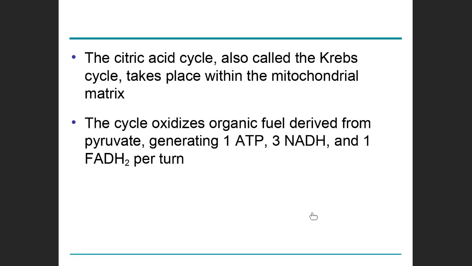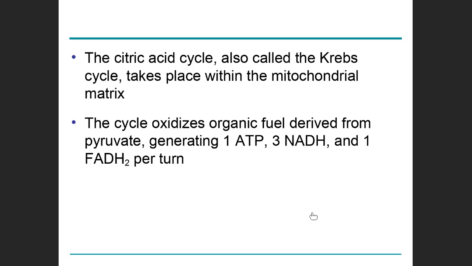And so as we're going to see, there are many different intermediates in the Krebs cycle. Again, you don't need to know what the intermediates are or any of the enzymes or reactions. What I like to focus on is what gets made, how much of it gets made, and where it gets made.